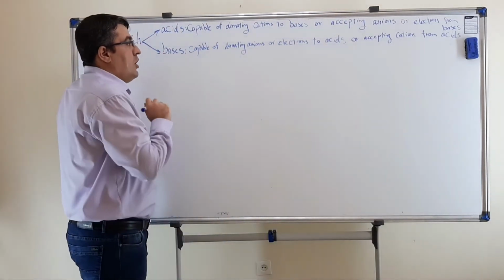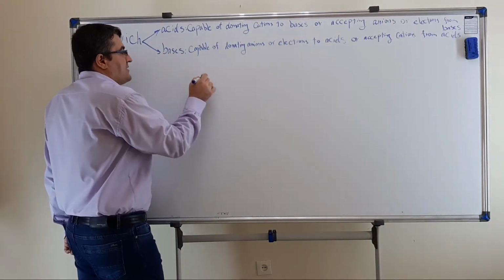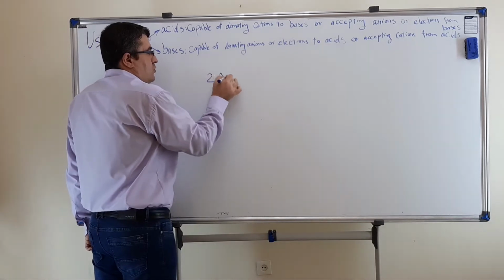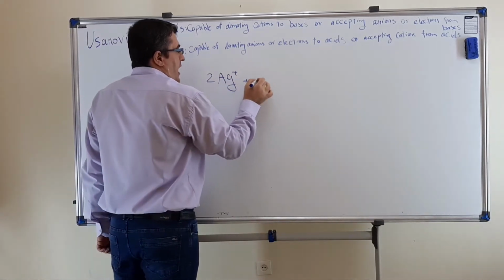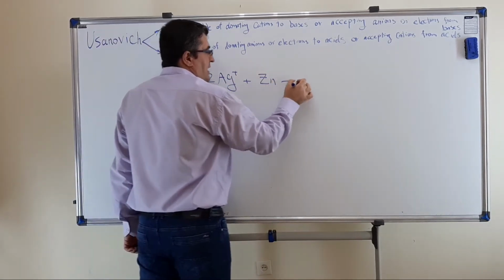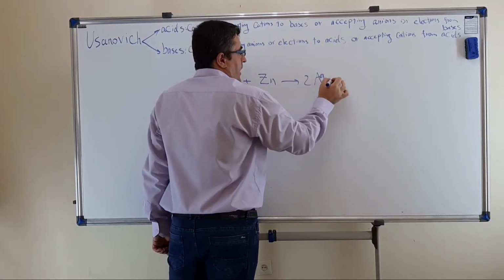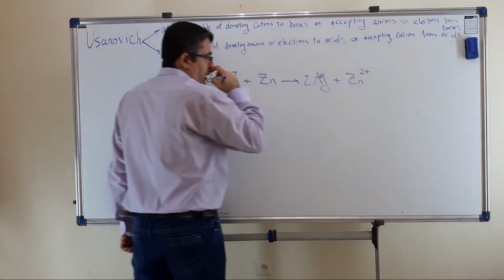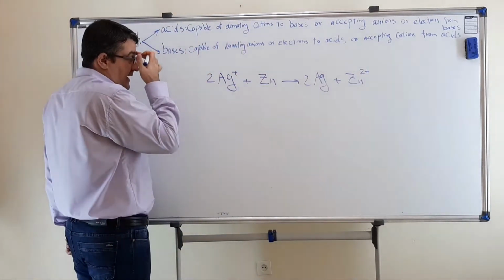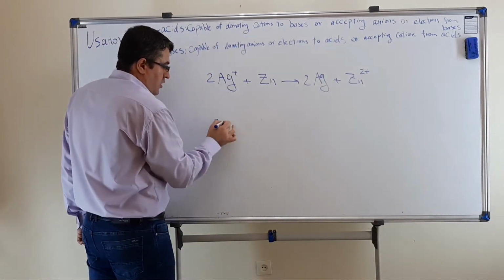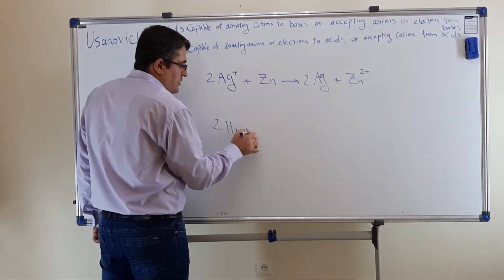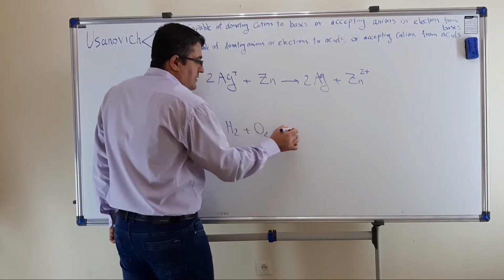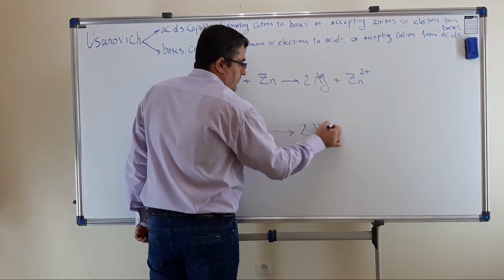Let's consider two redox reactions as follows. 2Ag+ plus Zn yields 2Ag plus Zn2+, zinc cation. And the second redox reaction, 2H2 plus O2 yields 2H2O.